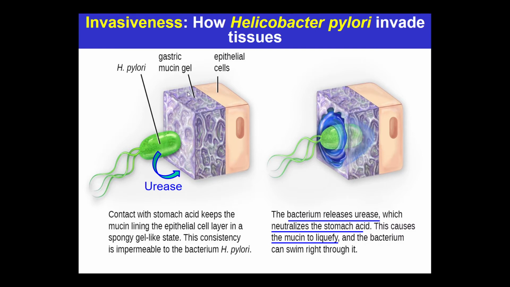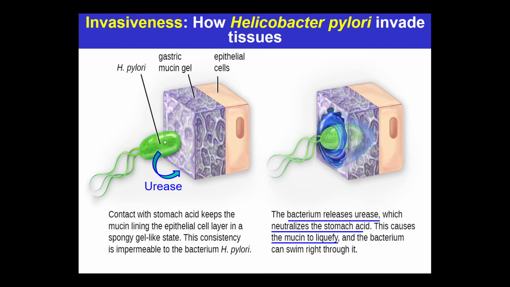But epithelial cells produce mucin, and in the presence of a high concentration of hydrogen protons, it means the acidic environment, mucin forms a sponge-like gel material that prevents direct contact of the bacteria with the epithelial cells.